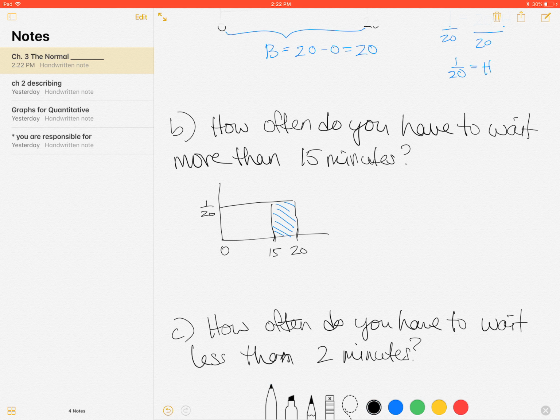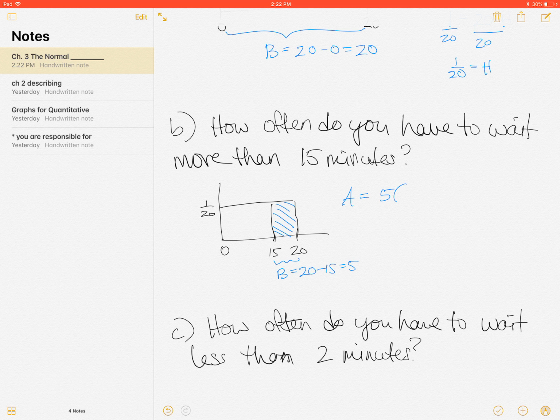That's what I want. And because proportions or percents come from areas, all I have to do is find the area of that shape. And area of a rectangle, because that's still a rectangle, that blue area, is base times height. In this case, my base, 15 to 20, is a length of 5.